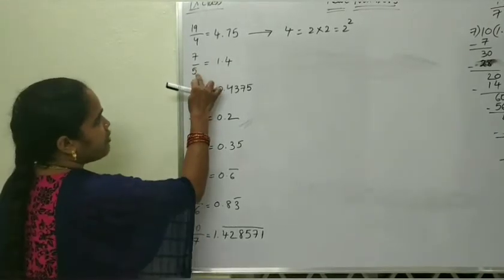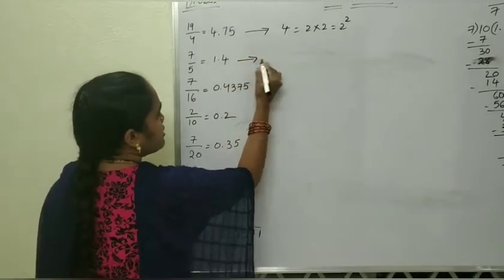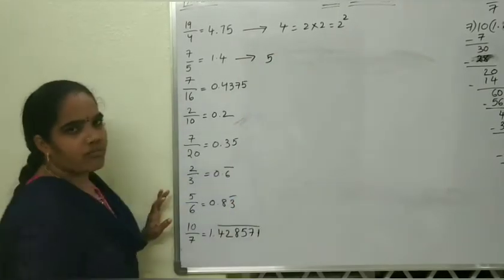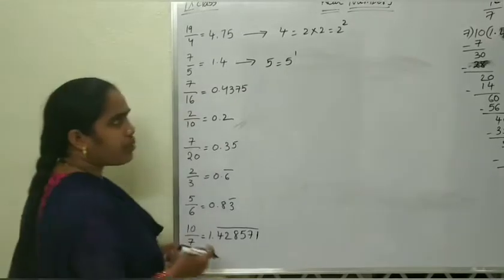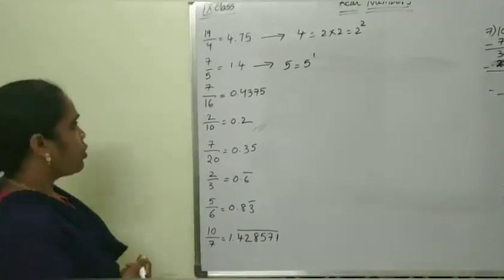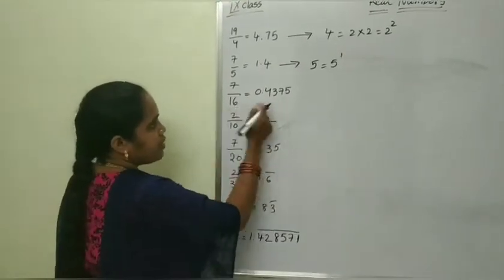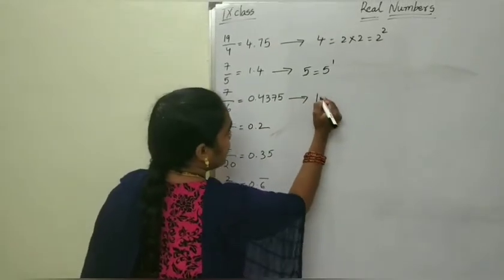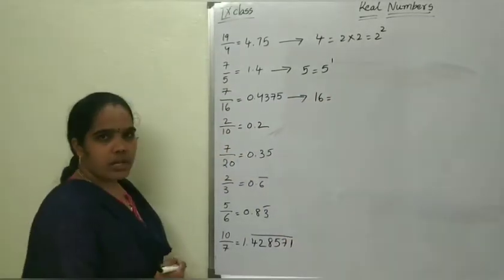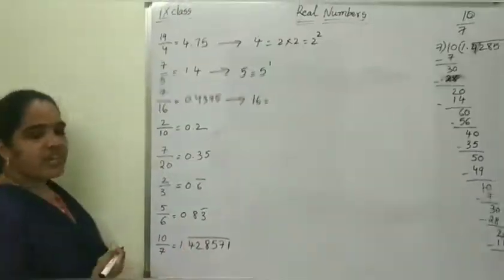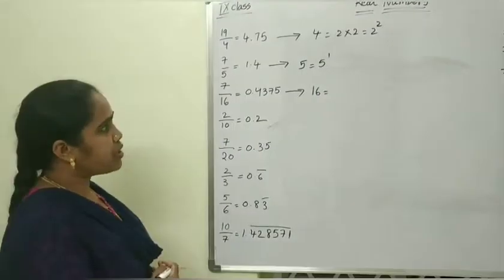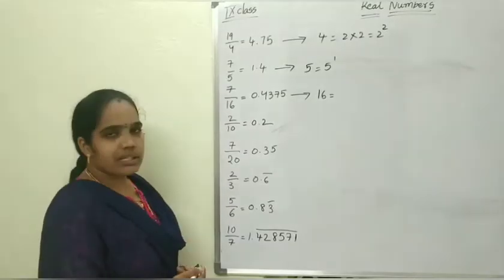Next, 7 by 5. Here the denominator is 5, which we can write as 5 power 1. Next, in the third example, the denominator is 16. How can we write 16 as a prime factorization? Prime factorization we already learned in 8th class.